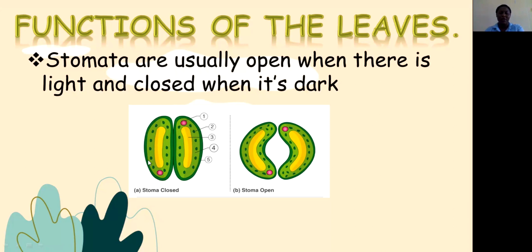Okay, is there any question? Why are the stomata open during the day? Because during the day, plants make their own food. There must be sunlight when plants make their own food.